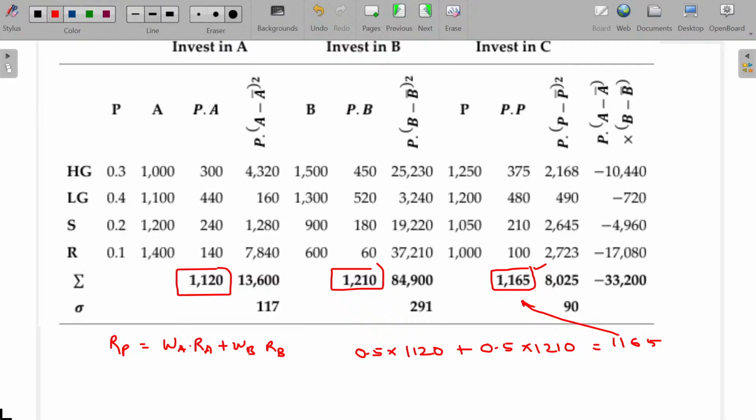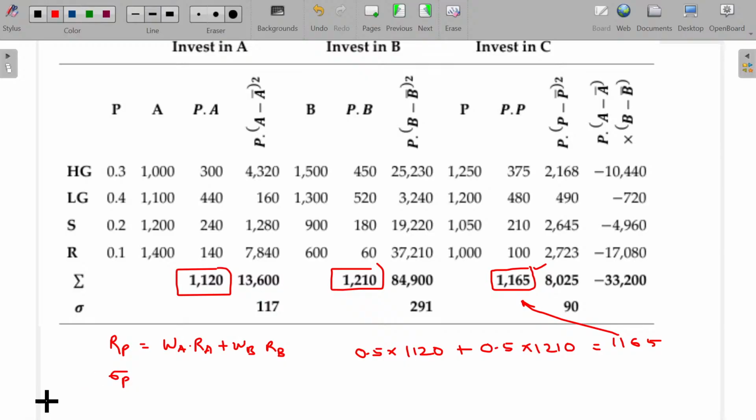If I ask you 60/40, simply you change the proportion here, weight of A being 60 and weight of B being 40. If I ask you 70/30, you can change and get the answer directly rather than working in this much complicated way.